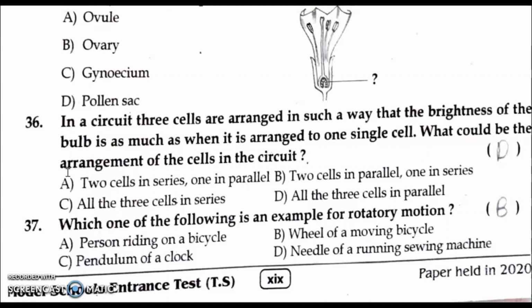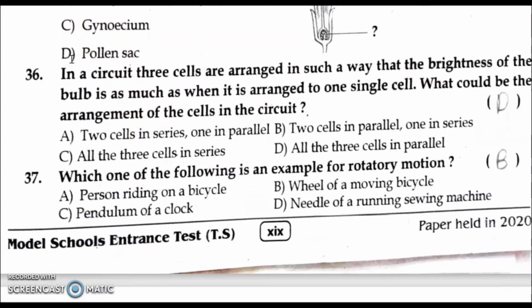Here, if we put all three cells in series, or two cells in parallel, or one cell in series, or any of these three options, the brightness of the bulb would be changing. So all the three cells in parallel would make the brightness just that of one cell. So that is the correct answer.